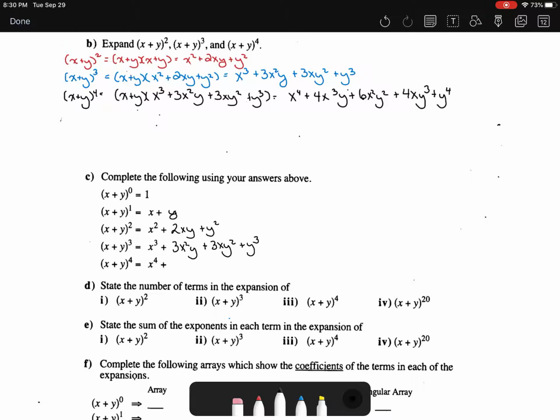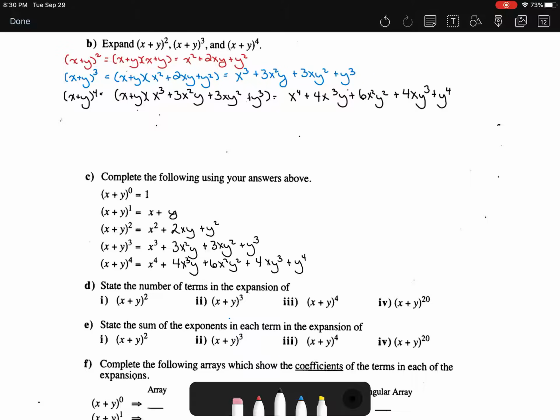And then finally for x plus y to the exponent of 4, x to the exponent of 4 plus 4x cubed y plus 6x squared y squared plus 4xy cubed, and then finally plus y to the exponent of 4.